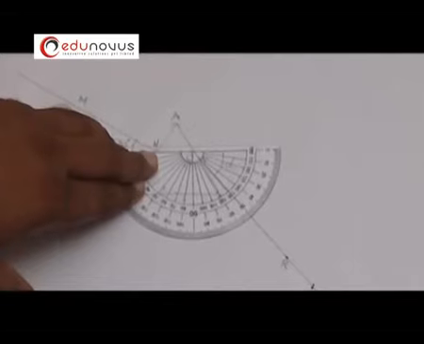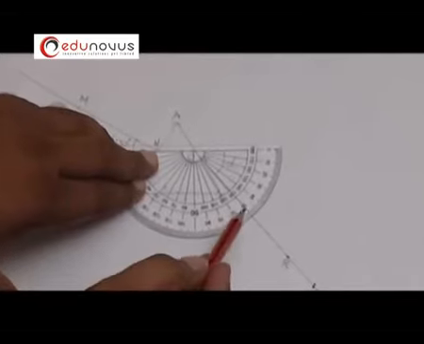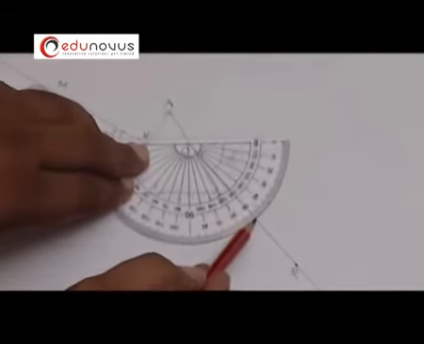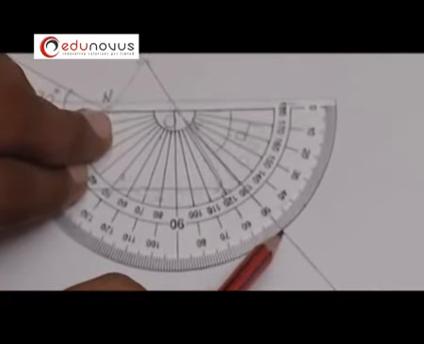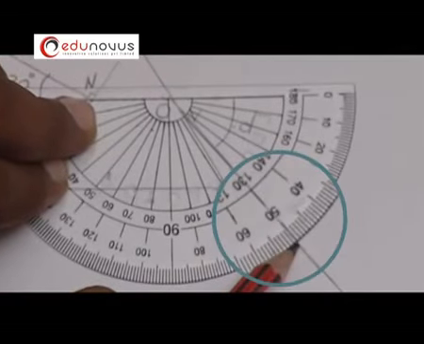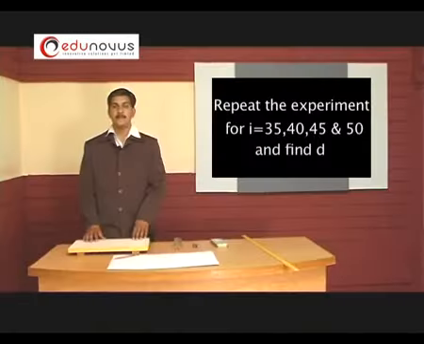Here, for 30 degrees angle of incidence, the angle of deviation is 50 degrees. Repeat the same procedure for angles of incidence 35 degrees, 40 degrees, 45 degrees and 50 degrees. We have to determine their corresponding angles of deviation.